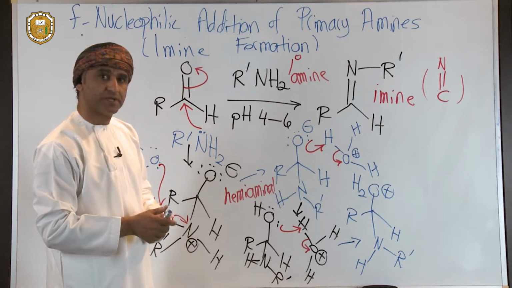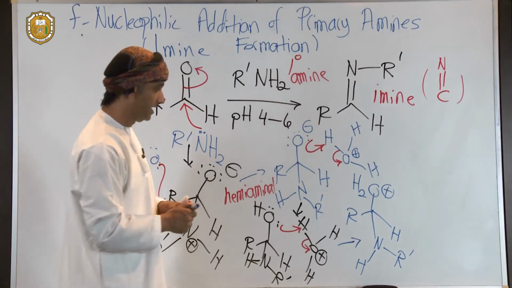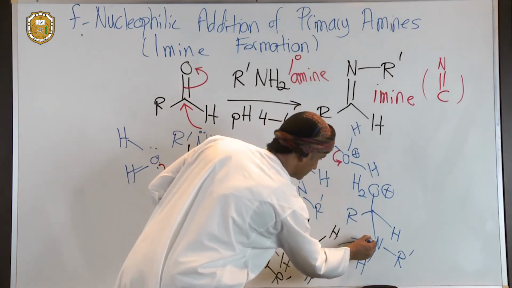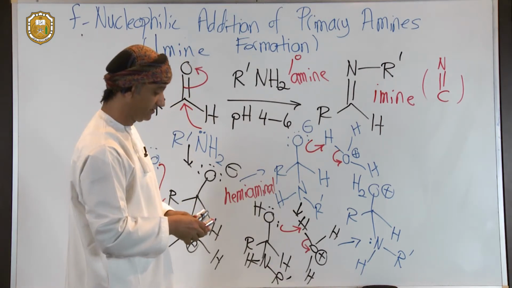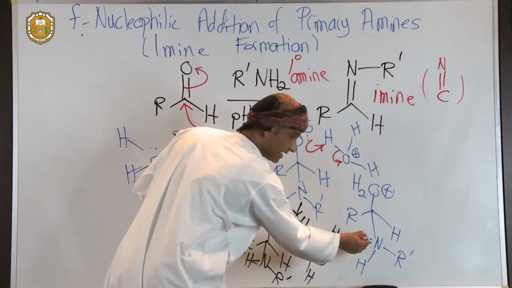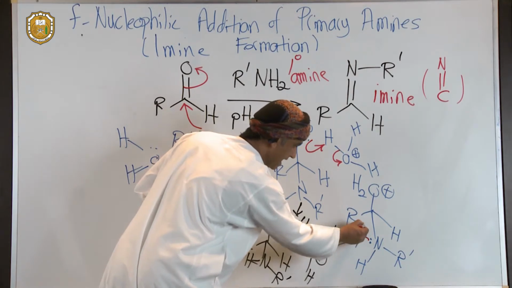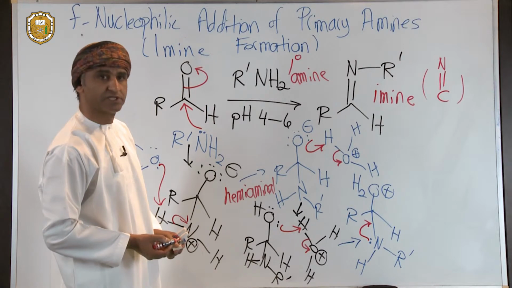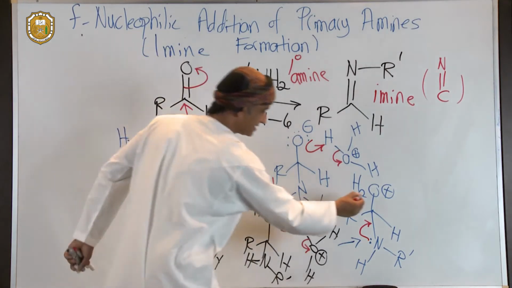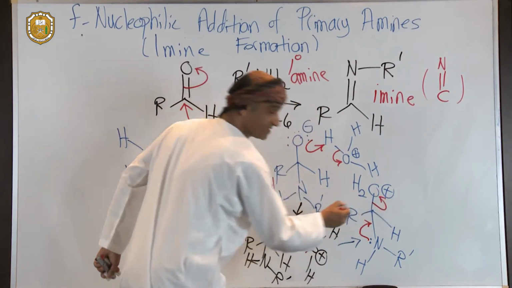In order to remove water, we can actually use the lone pair on that nitrogen to expel water. So we take an arrow from the lone pair on nitrogen, and then we make a double bond between nitrogen and carbon, and this therefore expels water.